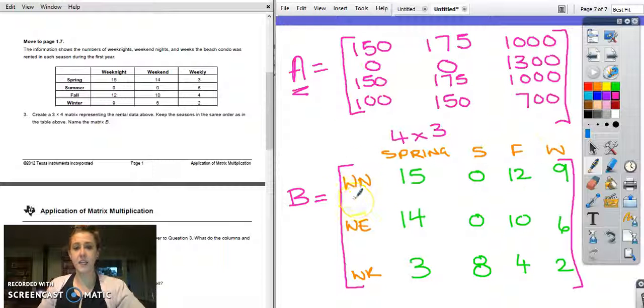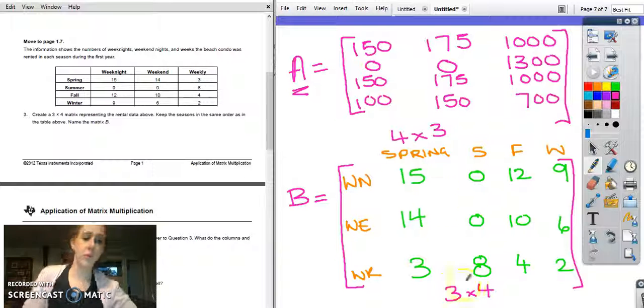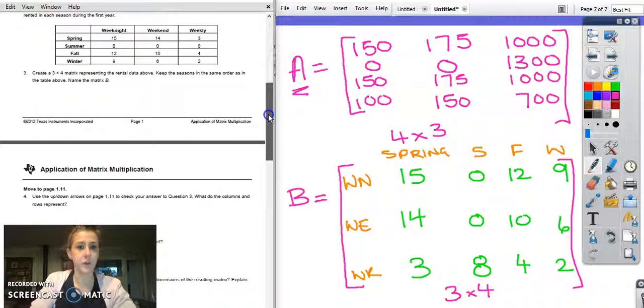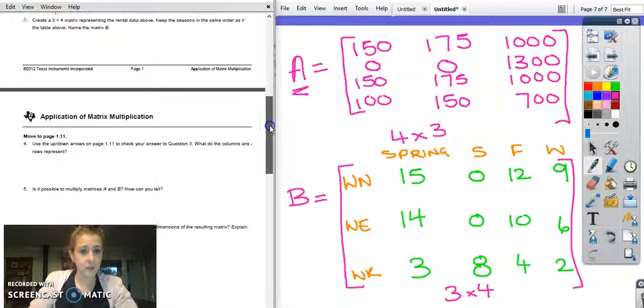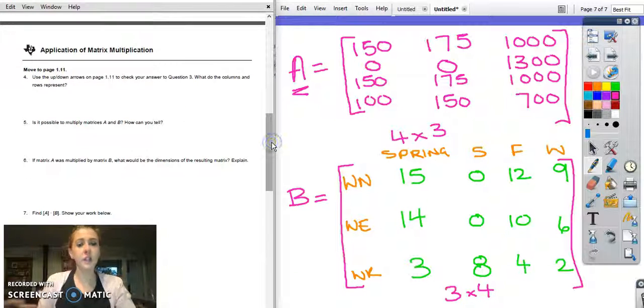Okay, so we can see here that we have done as the question asked and made a 3 by 4 matrix. Beautiful. So that's what it's after there for question 3. It's asking what the columns and rows are actually representing in this matrix.